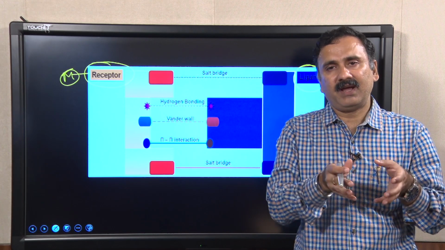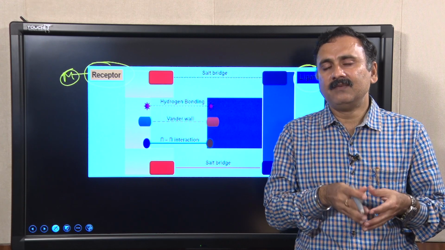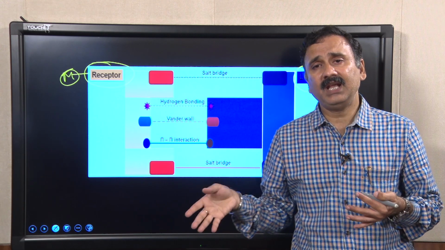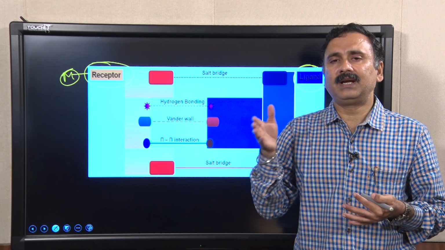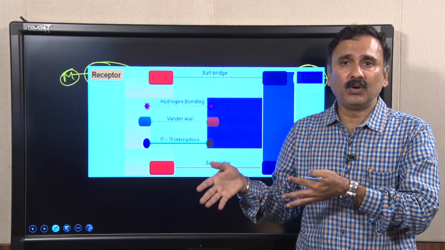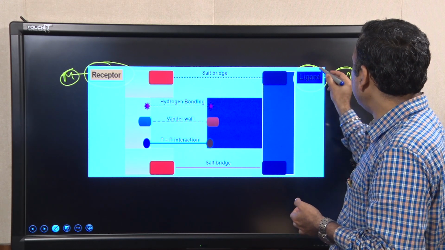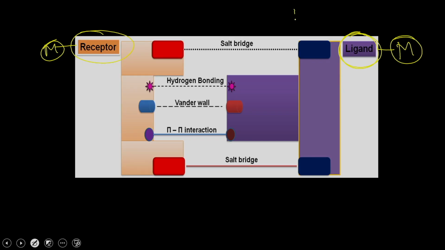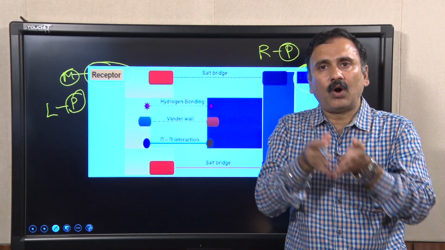For example, if I am working with a ligand which is non-proteinaceous in nature, then I cannot use that ligand to couple it to the protein, because if I couple the ligand to the matrix, I have to couple the receptor to the protein. If I couple the receptor to the matrix, then I have to couple the ligand to the protein.